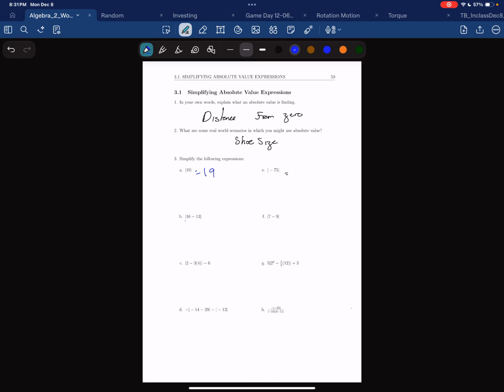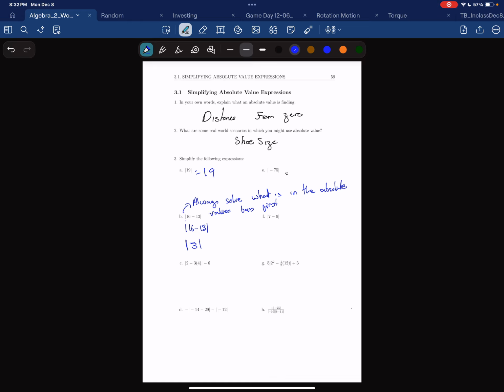Well, we always solve what's in the absolute value bars first, all right? So this is going to be 16 minus 13, so that's going to be 3. Yeah, 16 minus 13 is 3.